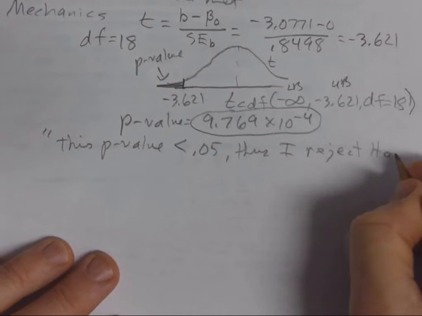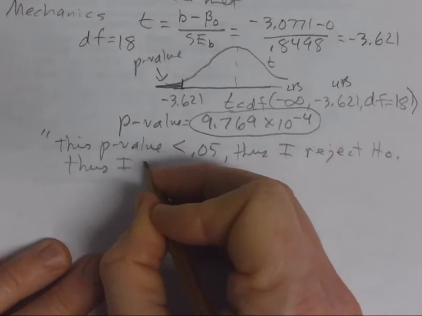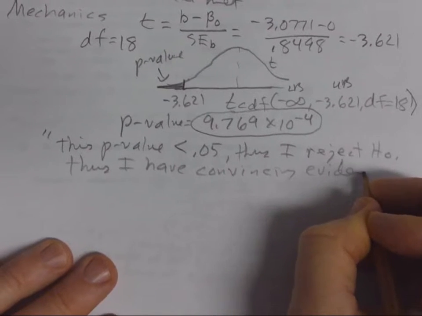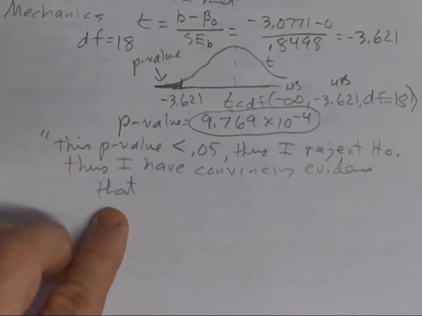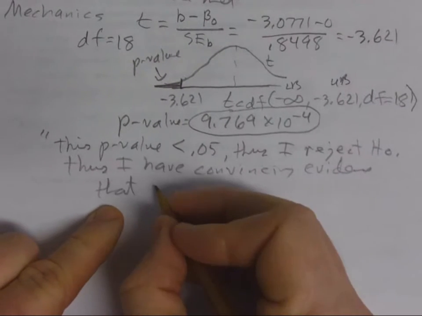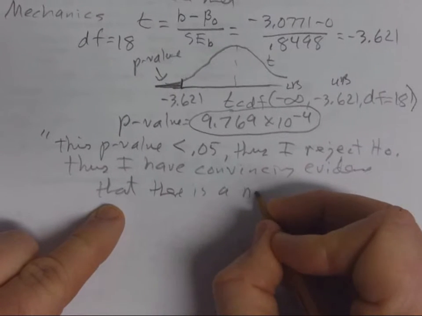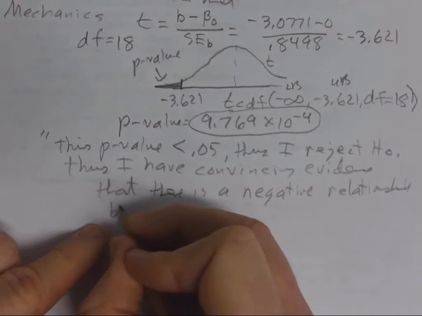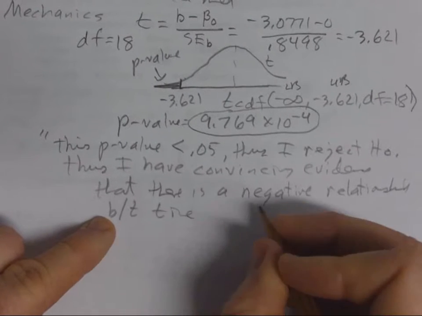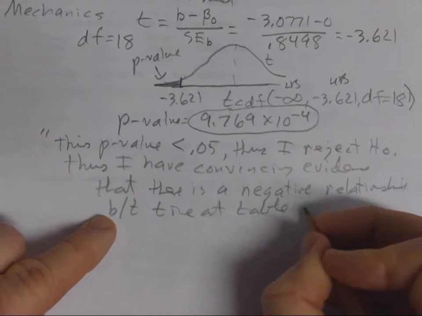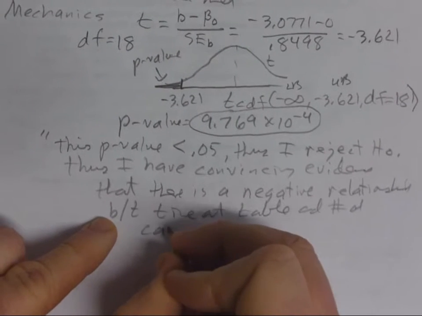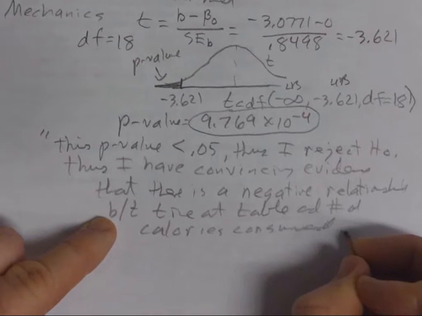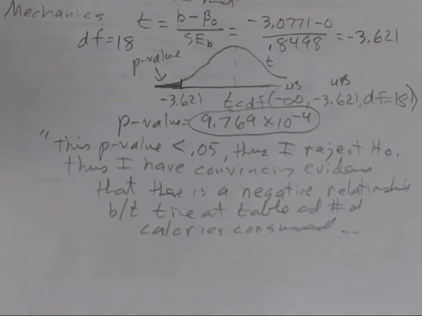The p-value is low, you reject the null, and then thus I have convincing evidence that, and then you restate the alternative in context, that there is a negative relationship between time at the table and number of calories consumed for toddlers like these. Okay, that's how you do a linear regression t-test.